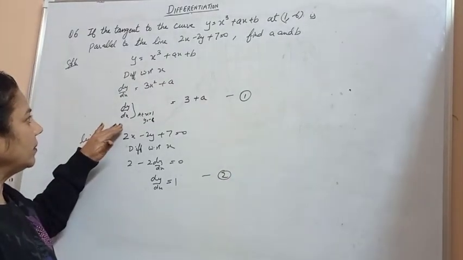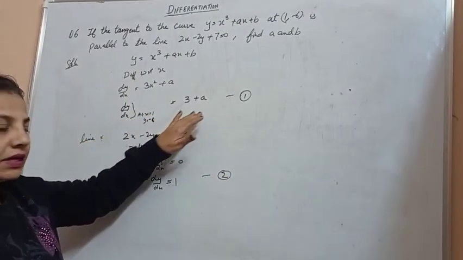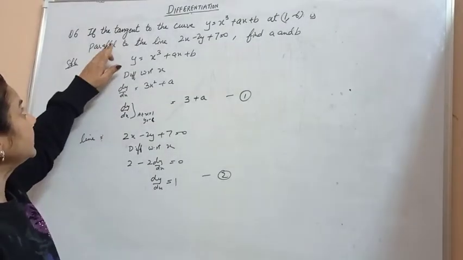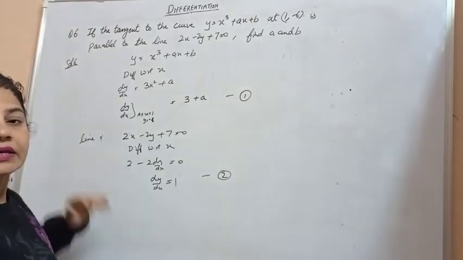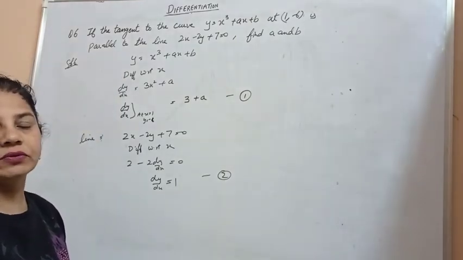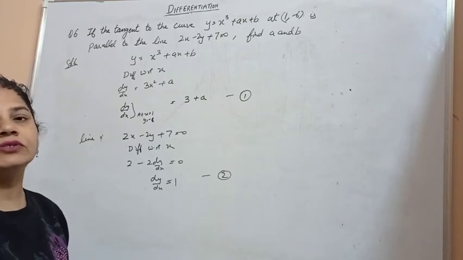Here the value of dy by dx is 3 plus a, and dy by dx is 1. It's given to us that the tangent is parallel to the line. As tangent is parallel to the line, the slopes are equal, because we know that lines are parallel when slopes are equal.